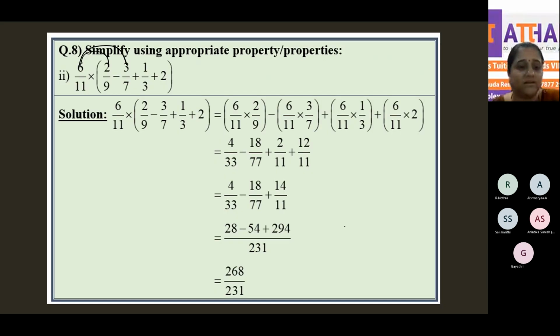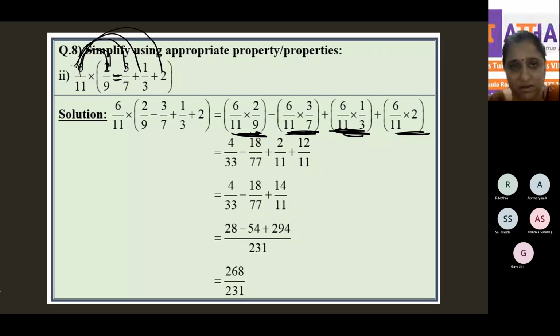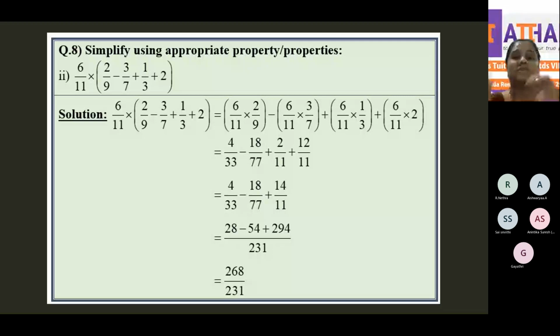Now here, look at this one. It's not distributed here. So distribute: 6 by 11 into 2 by 9 minus 6 by 11 into 3 by 7 plus 6 by 11 into 1 by 3 plus 6 by 11 into 2. If it is not distributed, you should use the property forwards and backwards.